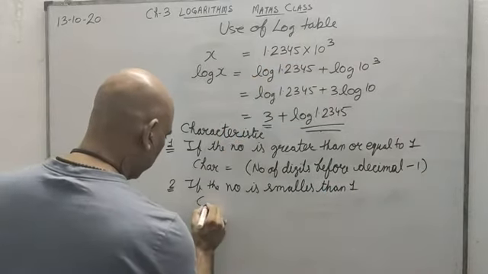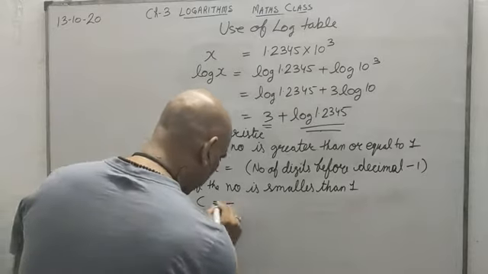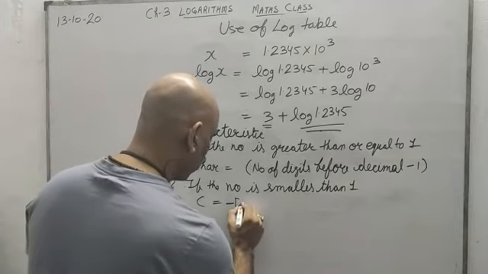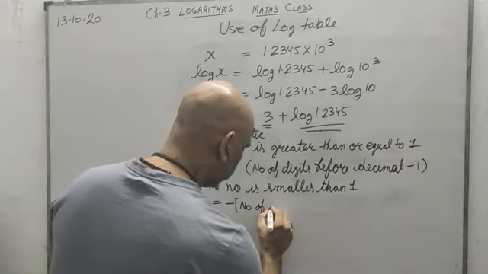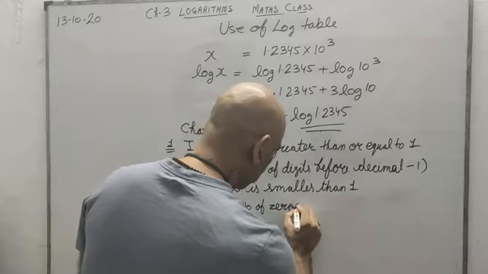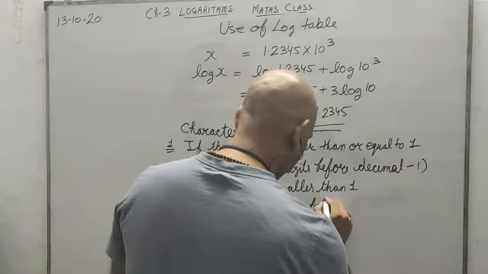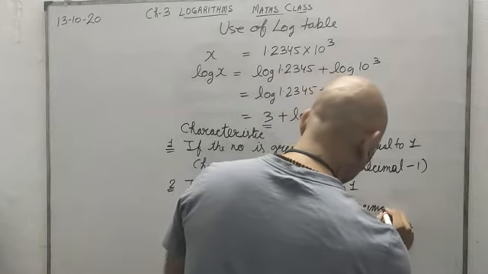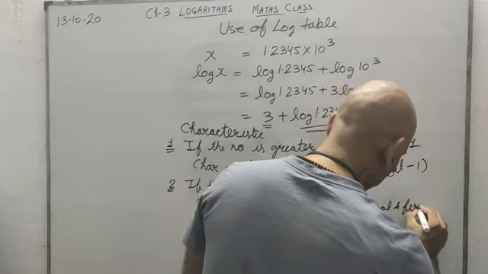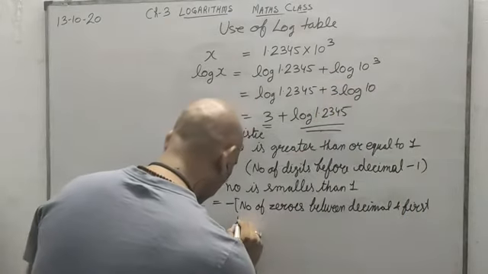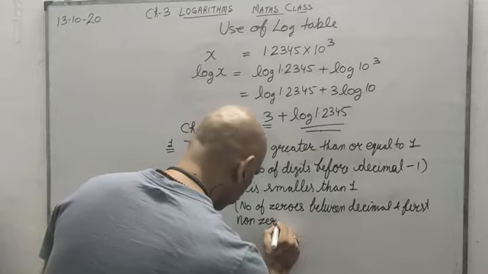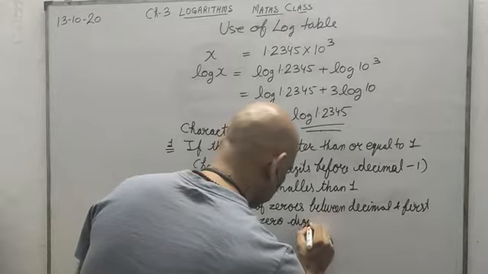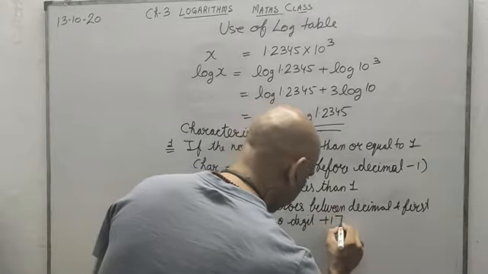So if it is smaller than 1, then how will you get the characteristic? In that case, the characteristic is going to be negative, and it is the number of zeros between the decimal and the first non-zero digit, plus 1.